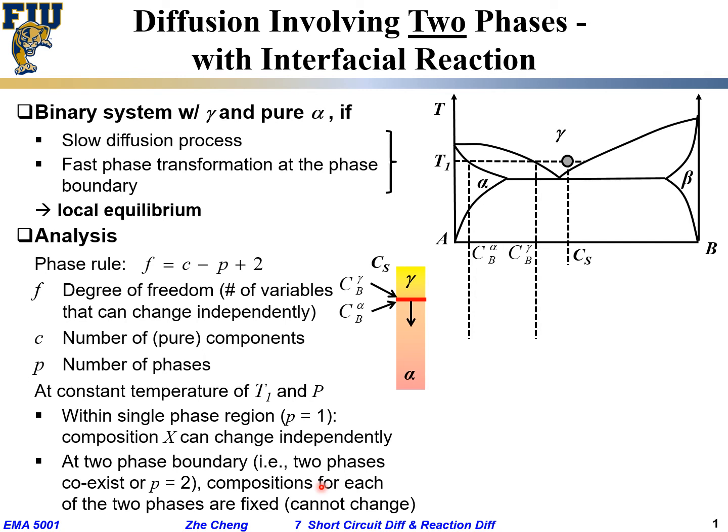That means under that condition, in that local region, there's no intensive parameter that can change. Intensive parameter means the composition. That's the only remaining intensive parameter, because temperature you chose T1, pressure you chose 1 atmosphere.